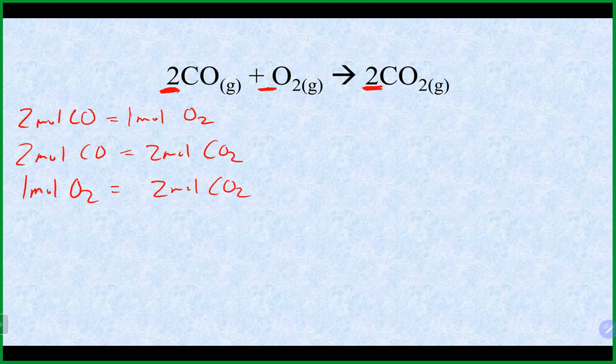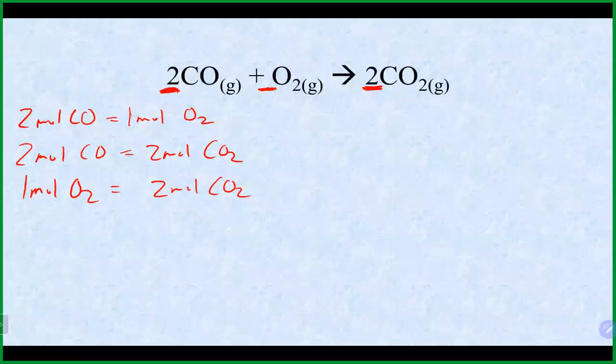These are 3 different equalities, referred to as being stoichiometrically equal to each other, that we could get from this equation. They are clearly not equal to each other, like 2 does not equal 1 in terms of a number. They are equal to each other in terms of the proportion that you need to throw in there for this reaction to take place.